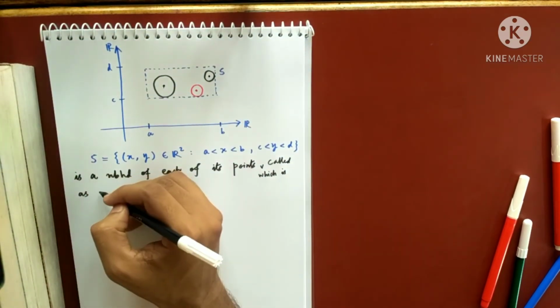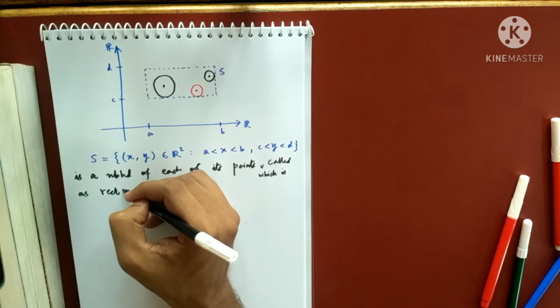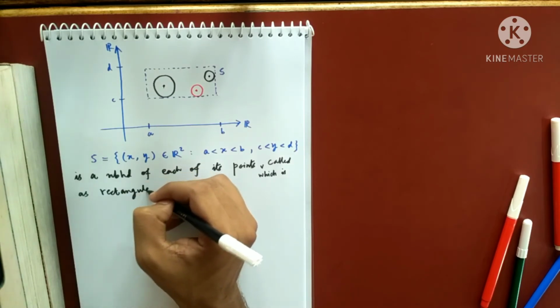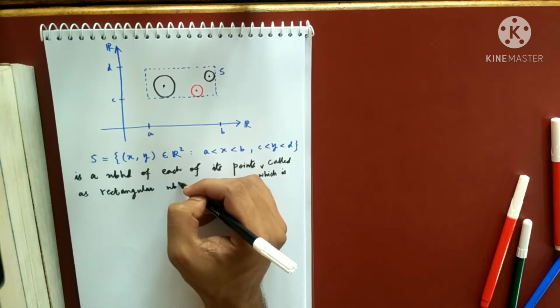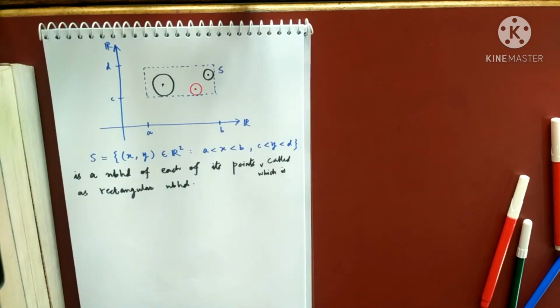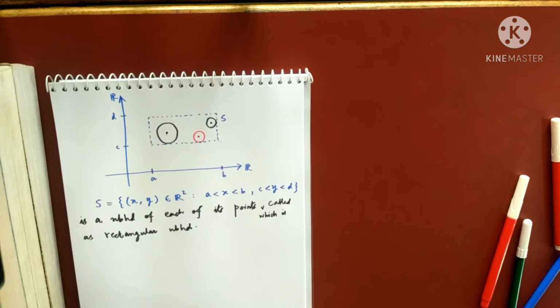So the name is very much clear why I am calling this a rectangular neighborhood. So we saw something called a circular neighborhood of a point and a rectangular neighborhood of a point.